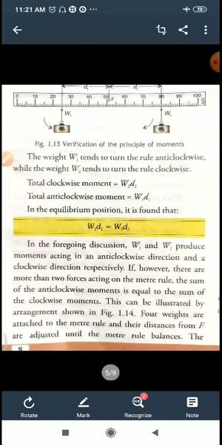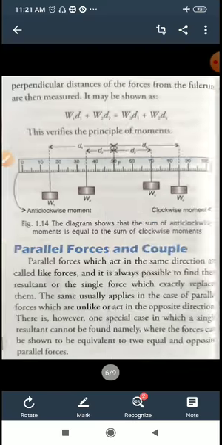This can be illustrated by the arrangement shown in figure 1.14. Four weights are attached to the meter rule and their distances from F, the fulcrum, are adjusted until the meter rule balances. The perpendicular distances of the forces from the fulcrum are then measured. Here you can see D1, D2, D3, D4.